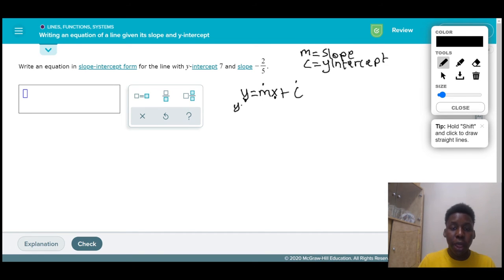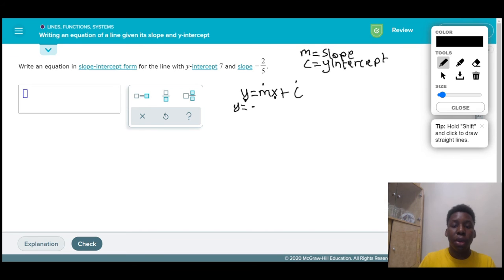So this is y equals m, where m is the slope. Reading the question again: write an equation in slope intercept form for the line with y-intercept 7 and slope minus 2 over 5. We know m is the slope, so we replace m with minus 2 over 5.